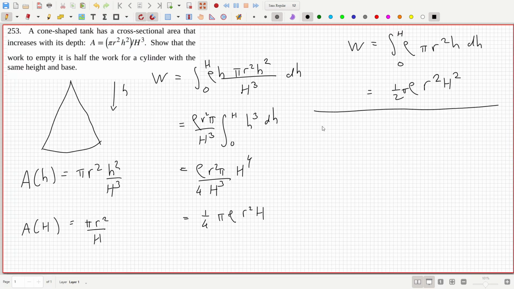Look at the units. Let's see if the units are right. The units would be r squared, which would be meter squared, over h squared, meter squared, and then h cubed, which would be meters cubed. So that would be 1 over meter cubed.